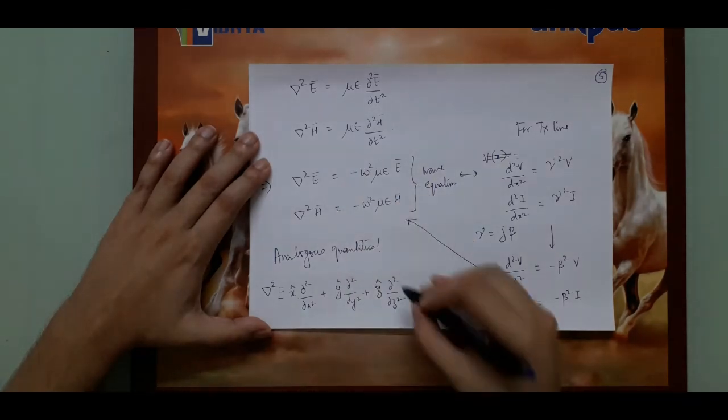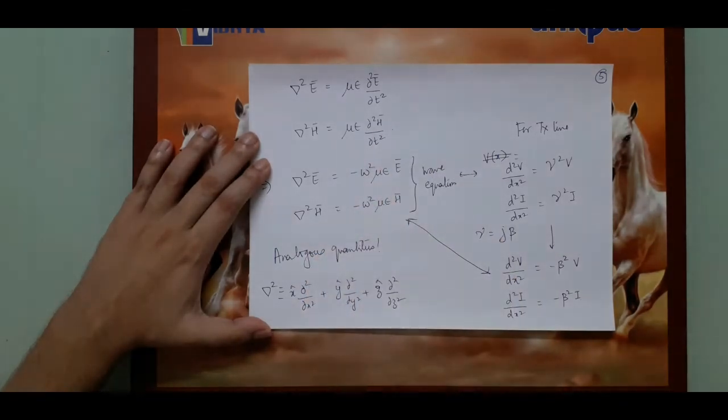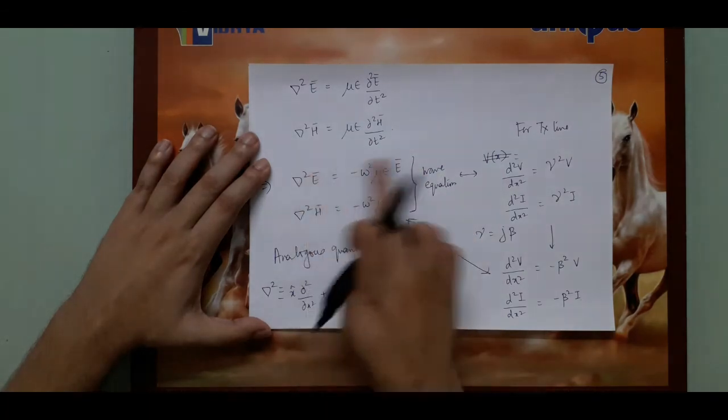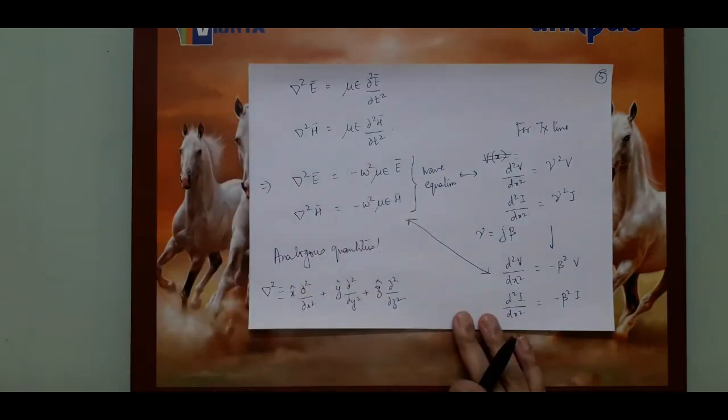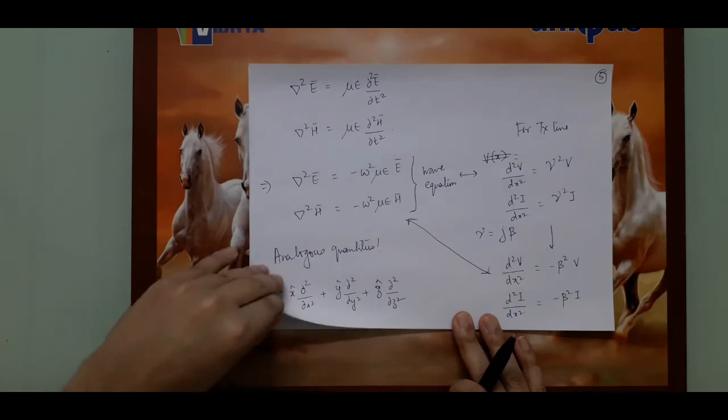I can also write that even one of these differentials must satisfy it, because both left hand and right hand side are vectors. So I can equate the x, y and z components individually.